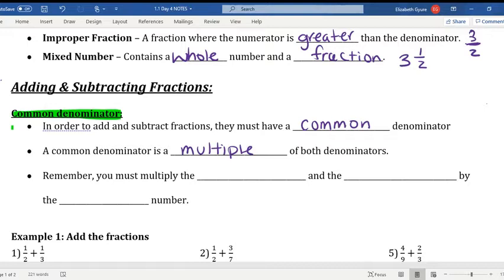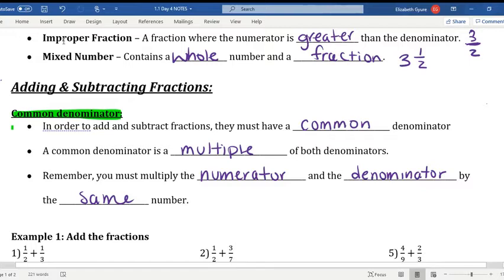So remember, you must multiply the numerator and the denominator by the same number. Okay. And we'll get into some examples of that in just a second. Sound familiar so far? Okay.